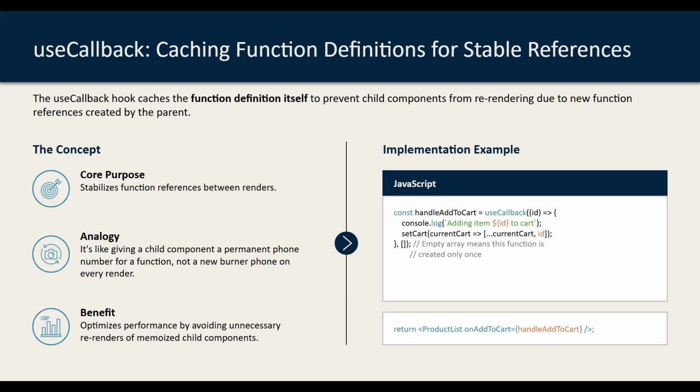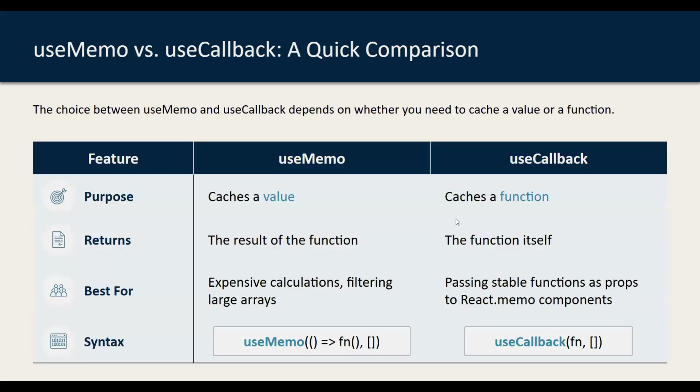This is especially useful when you are passing callbacks down to child components that have been memoized, because then React.memo can actually prevent those unnecessary re-renders.